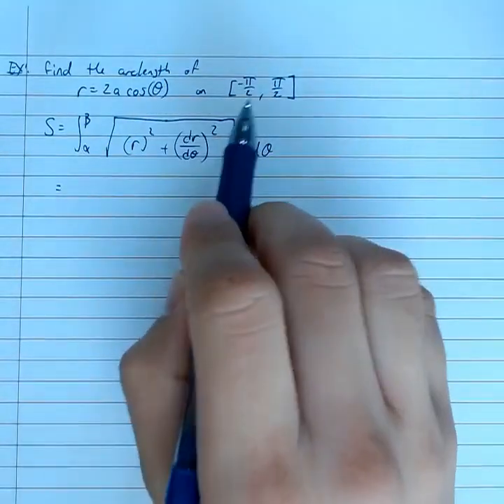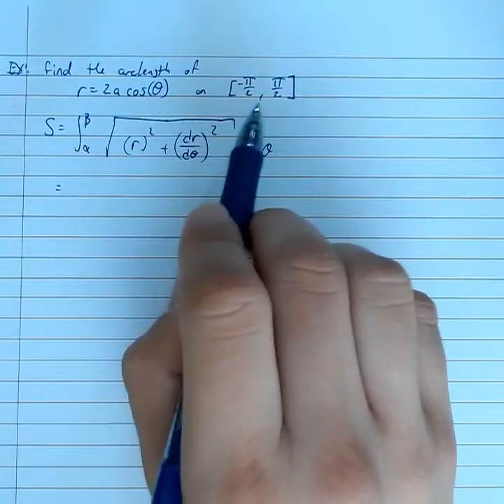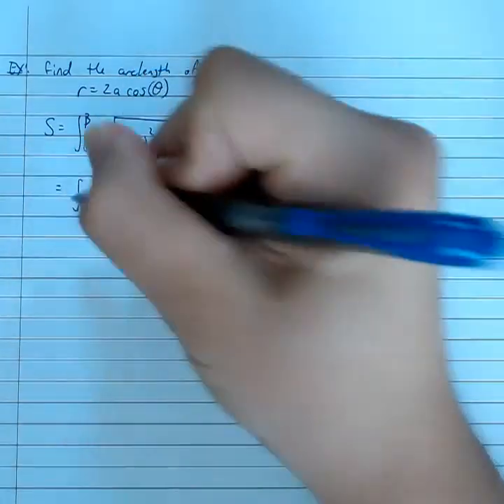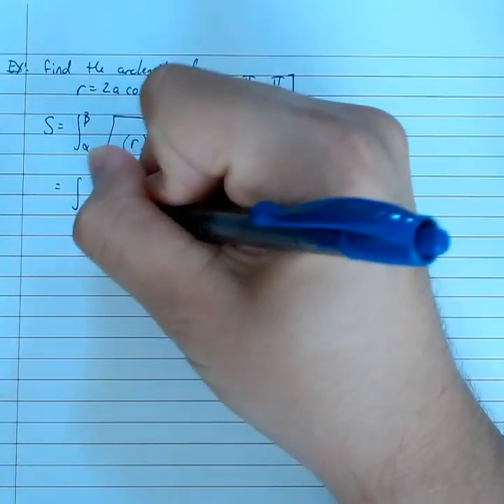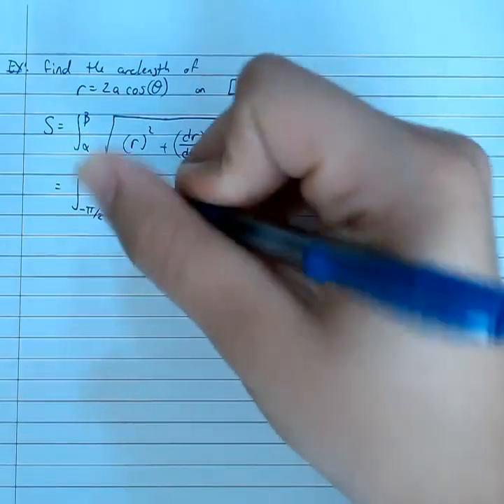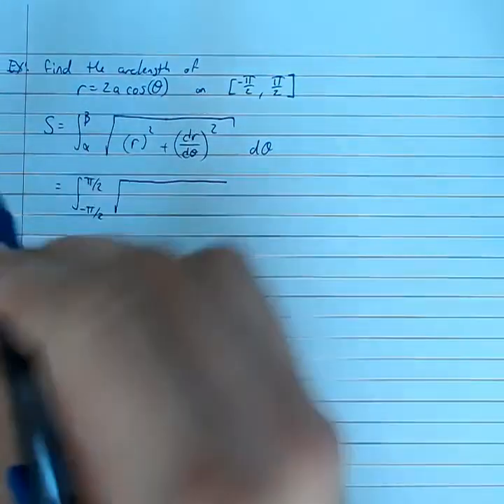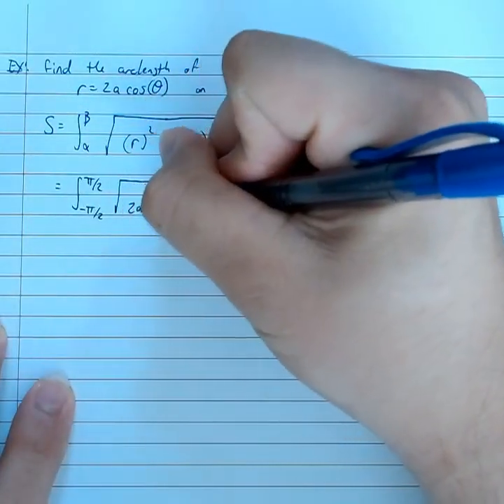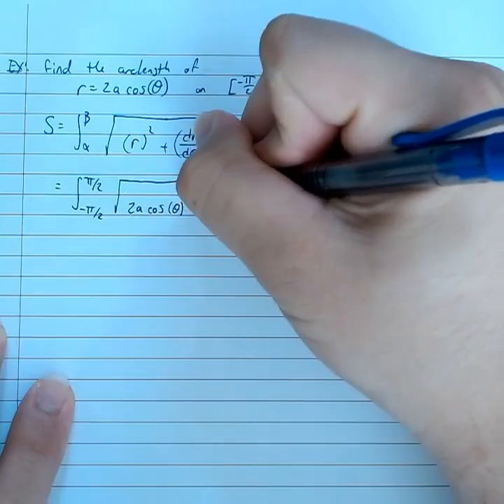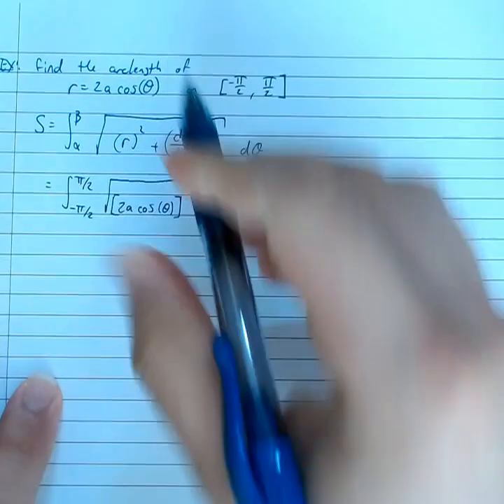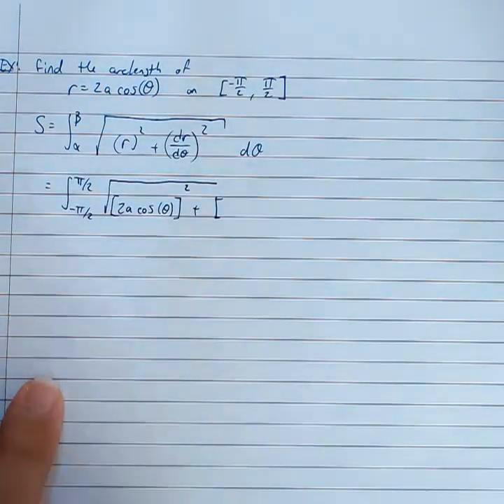Okay, so let's go ahead and find all those things and pop them in. In previous examples, these boundaries are hard to find, but here they just give them to you, which is nice. So here, that's the integral from minus pi over 2 to positive pi over 2 of the square root of, well, we know what r is, it's given to us. That's going to be 2a cosine of theta, and that's being squared, plus we need to find the derivative of this with respect to theta, which isn't too bad.